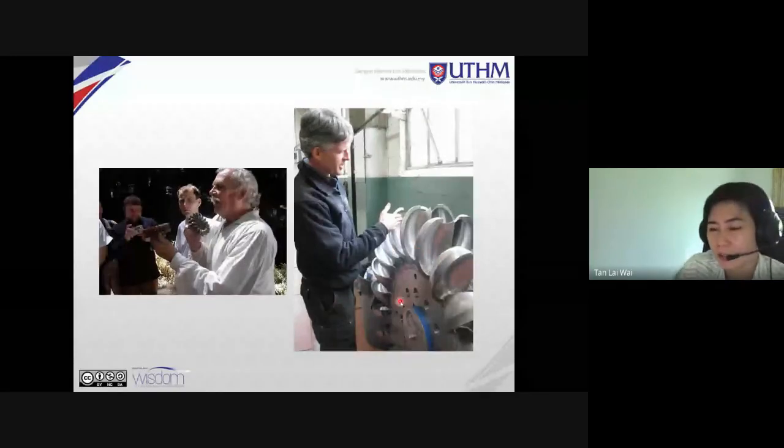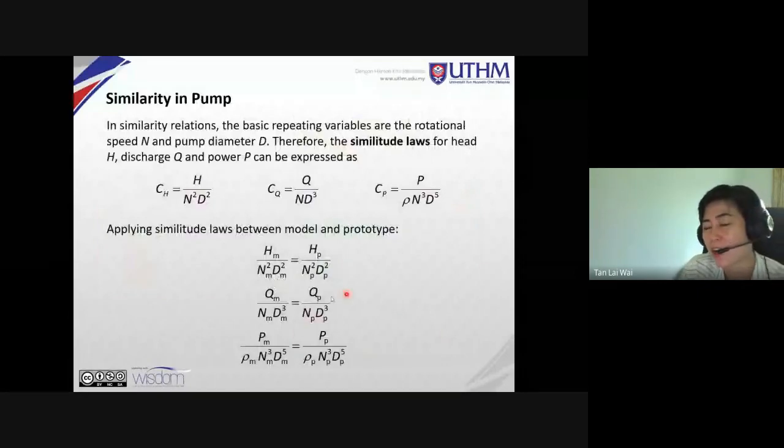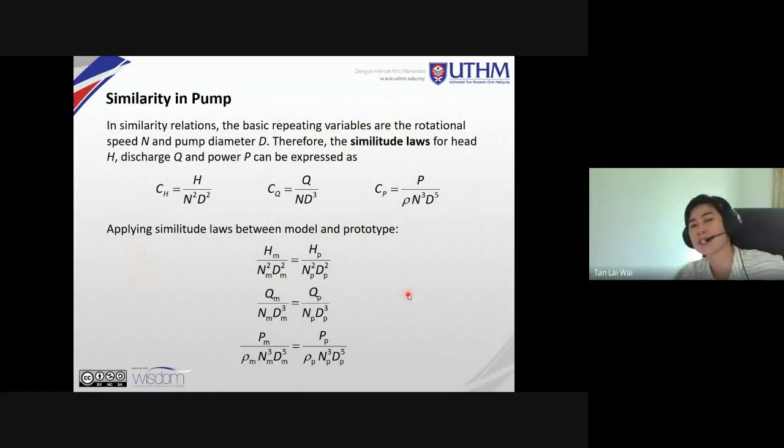Okay, now we have come to the time where we want to carry out some analysis. This is on similarity in pump. We have similarity in pump, we have similarity in turbine. Basically, the similarity laws are almost the same. Later, you can compare both slides.